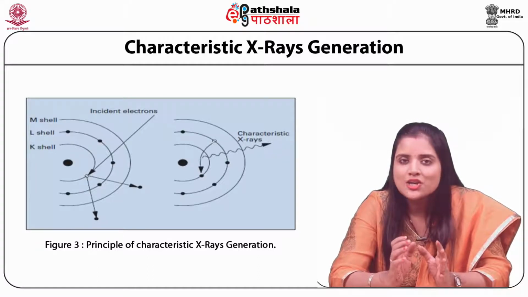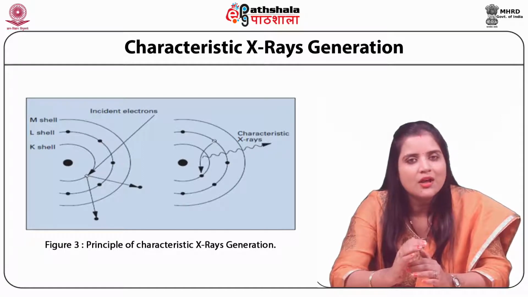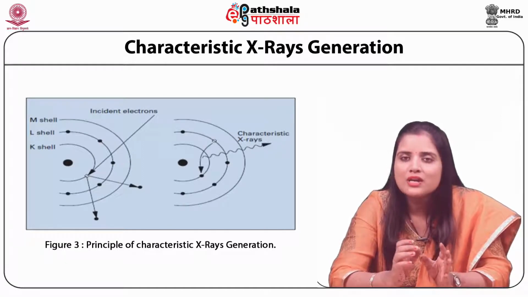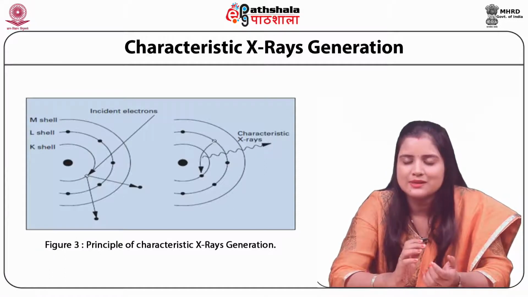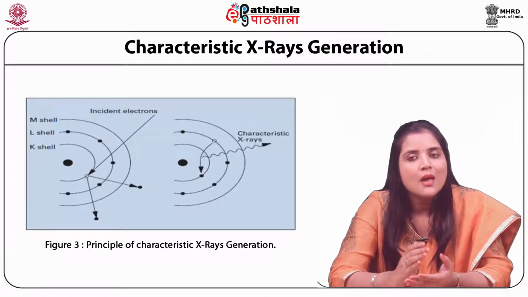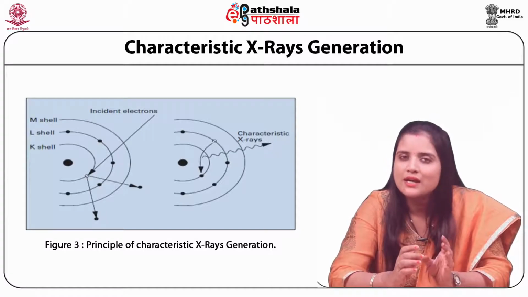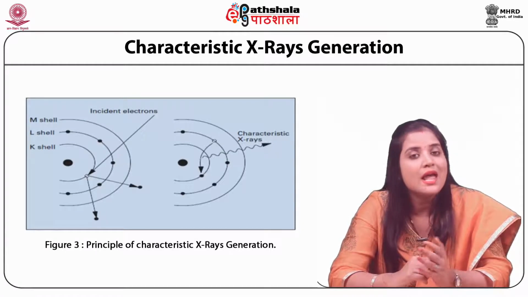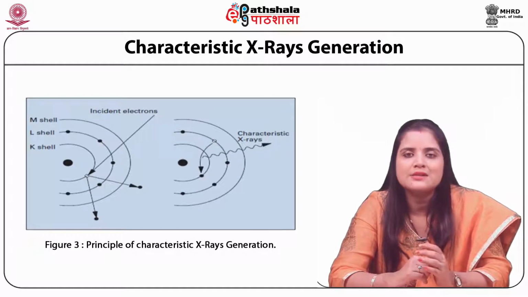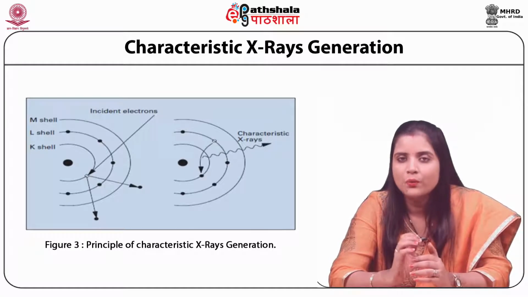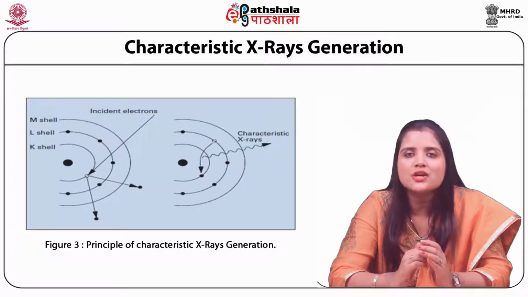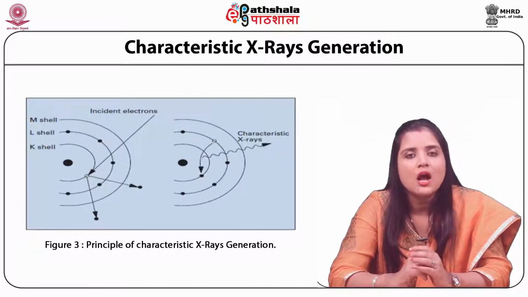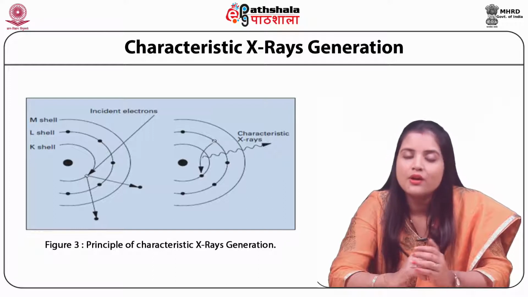When K-shell electrons are excited, they emit characteristic X-rays which are termed K-lines, and those emitted from L and M shells are called L-lines and M-lines respectively. When the element is heavy, its characteristic X-ray energies are also higher.